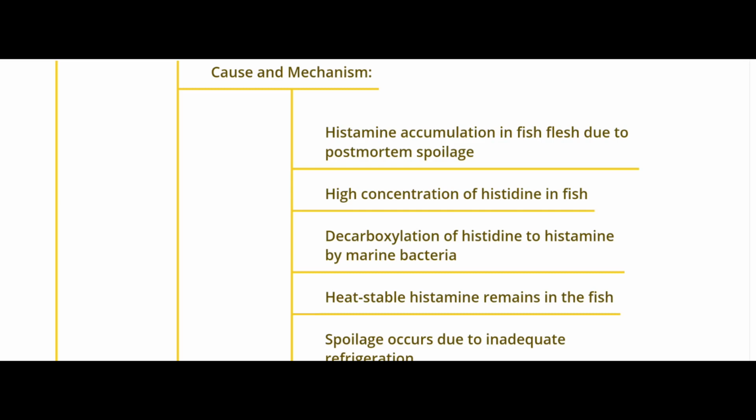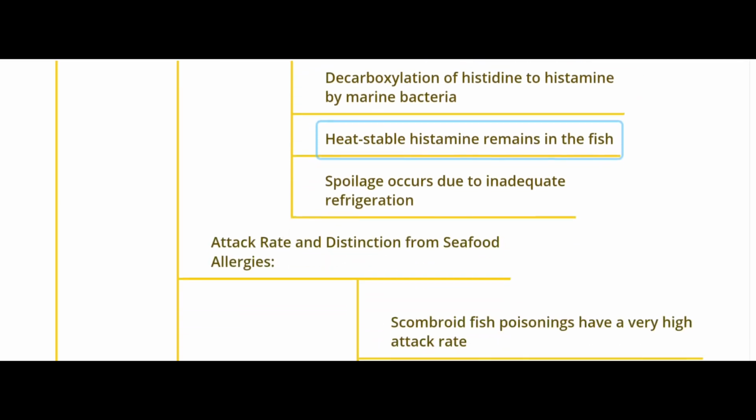The decarboxylation of histidine to histamine by marine bacteria happens usually when the fish sits at room temperature or at non-frozen temperatures for some time. And then we will have heat-stable histamine that will remain inside the fish. This is especially due to inadequate refrigeration, and we will have high doses of histamine.